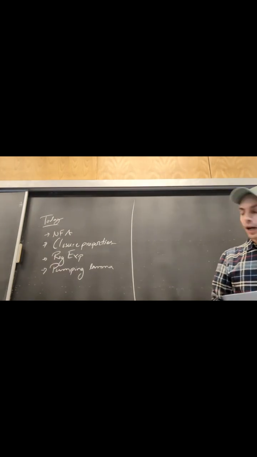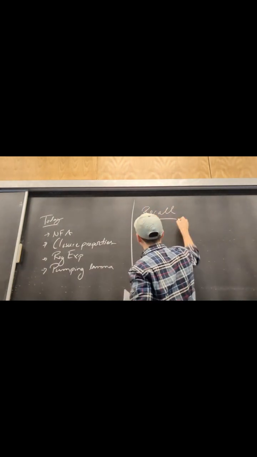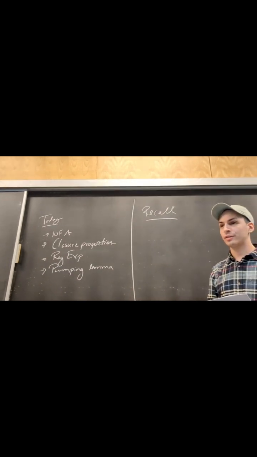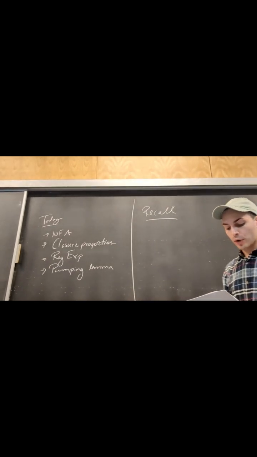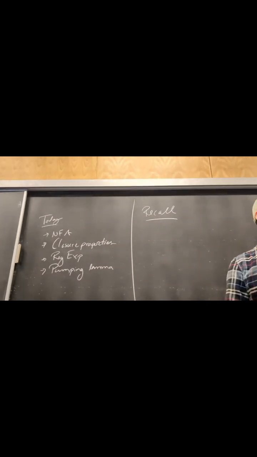Okay, so I just want to start by recalling why we're here. Why are you taking a theoretical computer science class? Remember what I said in tutorial 1, if you were there: the whole point of this class is understanding what kinds of decision problems, or problems in general, are possible or decidable, and what problems are impossible to do.